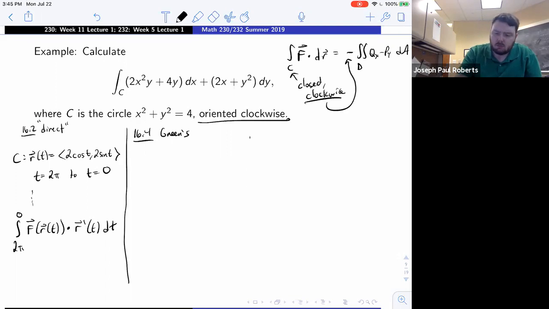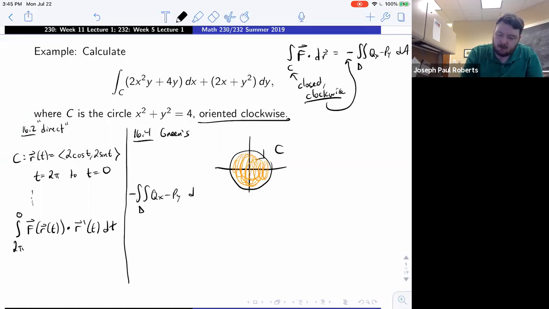So, okay, with Green's theorem, this is our curve C. We're going to do minus the double integral of qx minus py owing to the clockwise orientation.